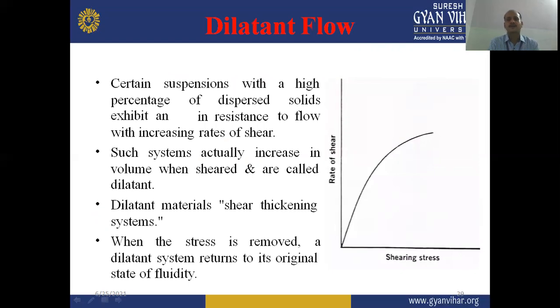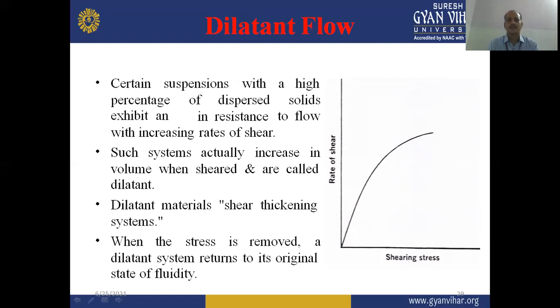Now, after the discussion of Bingham bodies or plastic behavior, the second one is the pseudoplastic systems, and the third one is the dilatant flow. So dilatant flow is again the third type of non-Newtonian flow, where the liquid or systems do not obey Newton's law of flow, and we can obtain a characteristic rheogram where the rate of shear is not directly proportional to shearing stress as we obtain in Newtonian liquids.